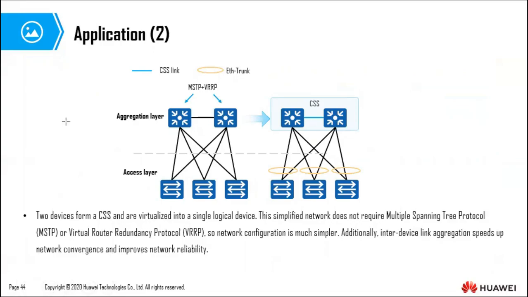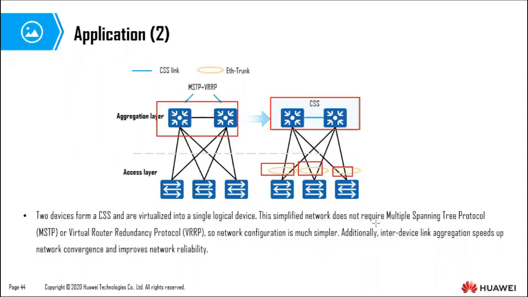Okay, so of course, as we said earlier, when you implement, for example, CSS, then you're going to combine these two into a single logical switch, right? So once you do that, you're also expected to use Ethernet trunks to bundle up these particular links, because now they are connecting to one logical switch. Once you do that, you no longer need to deploy STP, as we have already said.